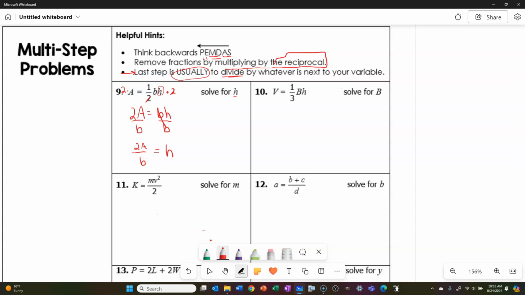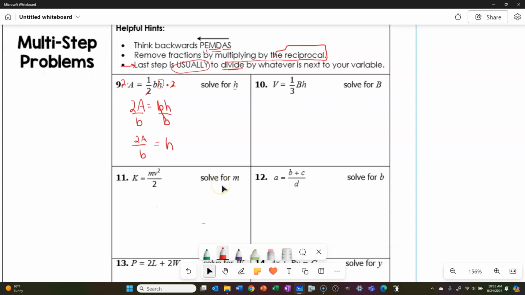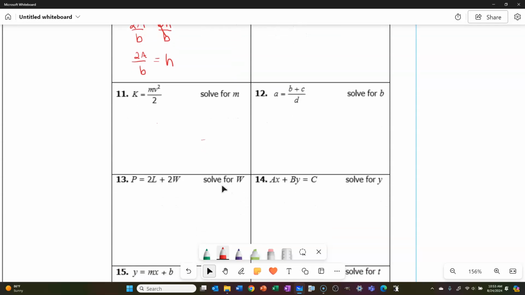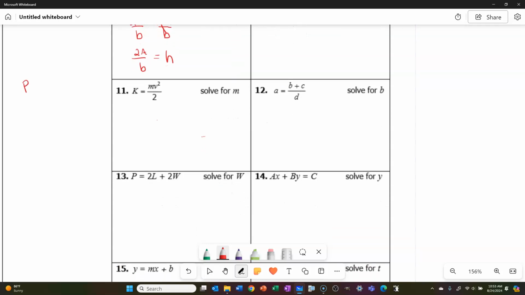Number 10 is the very same. Number 11, let's look at that one. I'm going to write out my PEMDAS again. I'm going to go backwards. Do I have any addition and subtraction? No, I don't. So I'll move on to my multiplication and division. I'm going to start with this division. I'm going to multiply both sides by 2. To undo the division, I multiply.